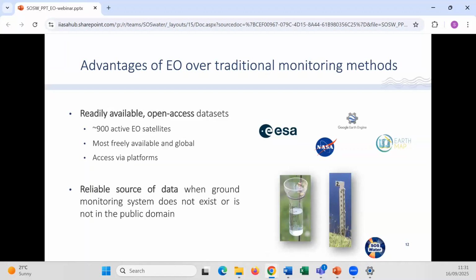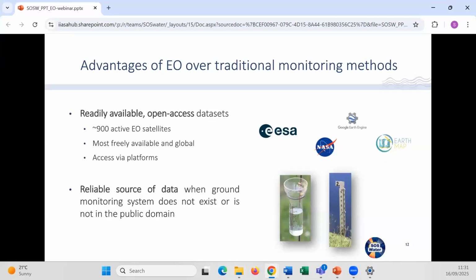So, Michi introduced Earth observation for water resources, but I will continue with an important question. Why should we use Earth observation for water resources management? And what are the advantages of Earth observation over traditional monitoring methods? Well, the first one is a bit obvious because there's already a lot of data available.